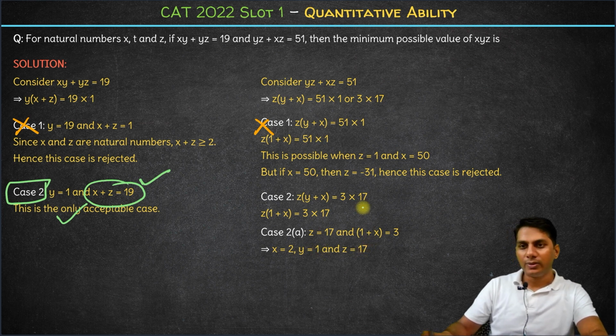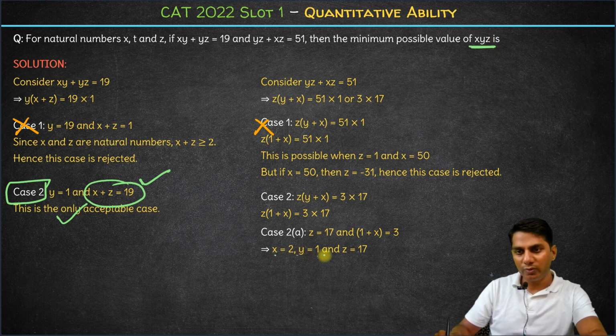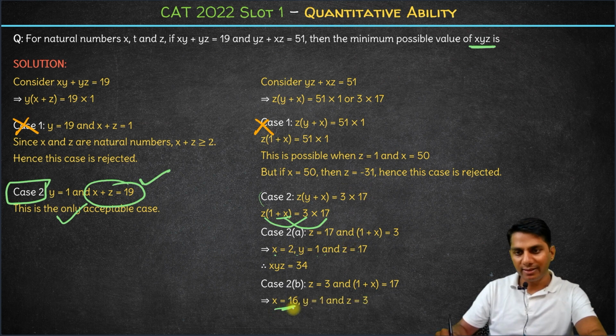What we need to figure out is the minimum possible value of x into y into z. From here, x into y into z is 2 into 1 into 17, which is 34. Now let's consider the second case, where z is equal to 3 and 1 plus x is equal to 17. So x will be 16. If z is 3, x will be 16 and y we know is already 1.